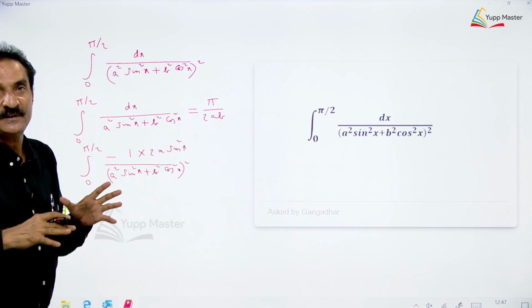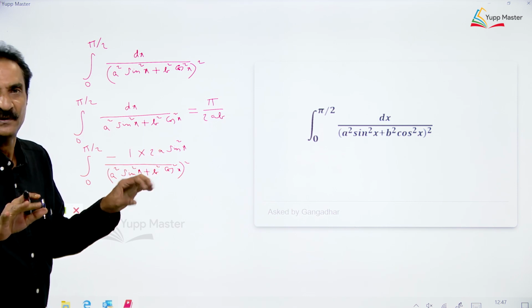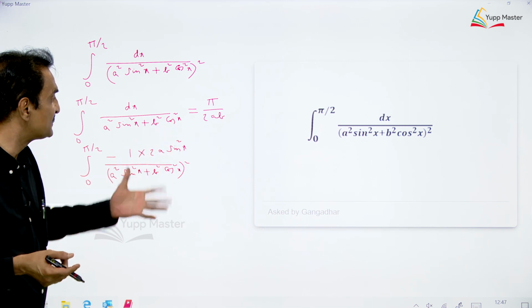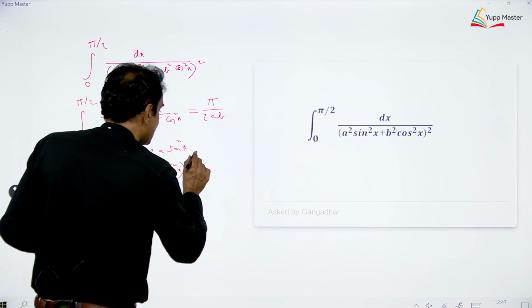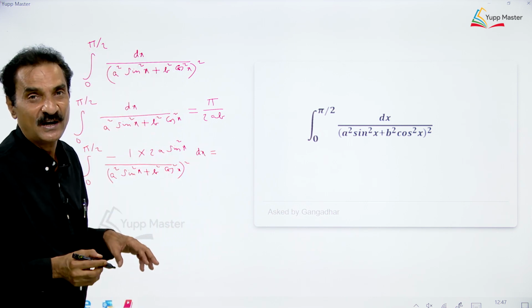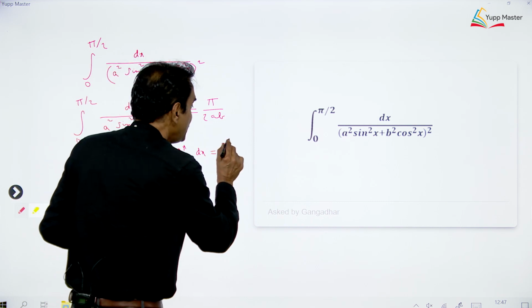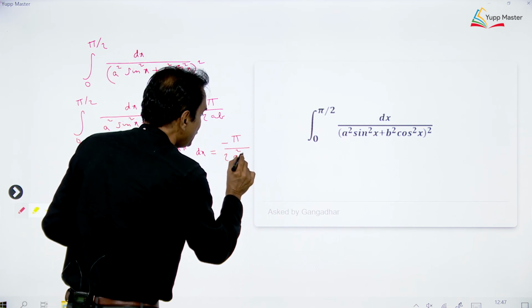When you are differentiating with respect to a, treat all the remaining as constants, so the derivative of b square cos square x is 0. dx is equal to, what is the derivative of the RHS with respect to a? It is minus pi by 2a square b.